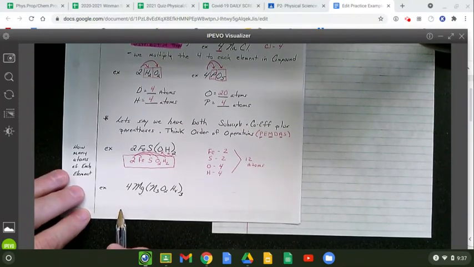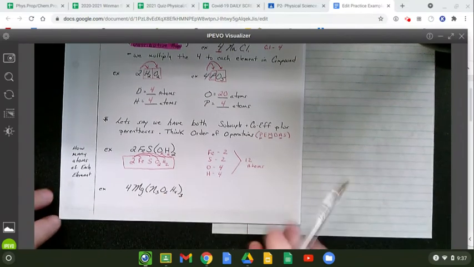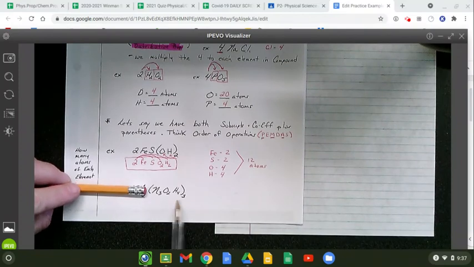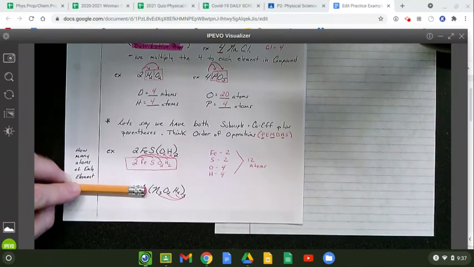And the last example I will do in this video, all right, we have 4 Mg outside the parentheses with 3 nitrogen, 2 oxygen, 4 hydrogen in parentheses with a subscript 3. So first things first, let's get rid of the parentheses, order of operations. So I'm going to distribute this 3 to everything that's inside the parentheses.